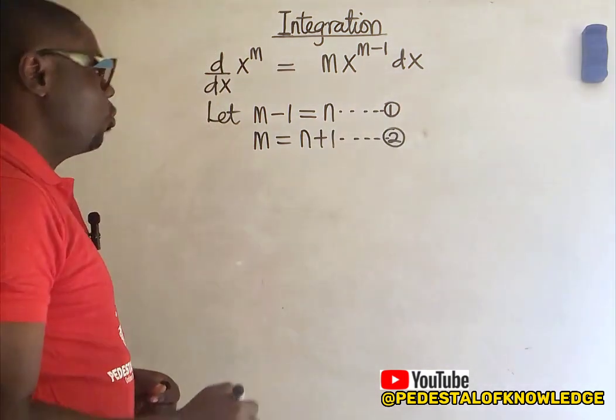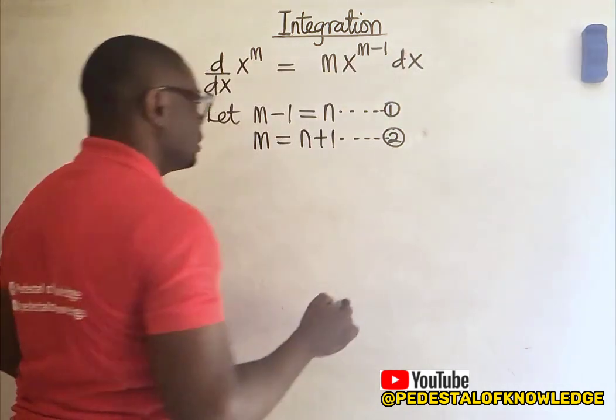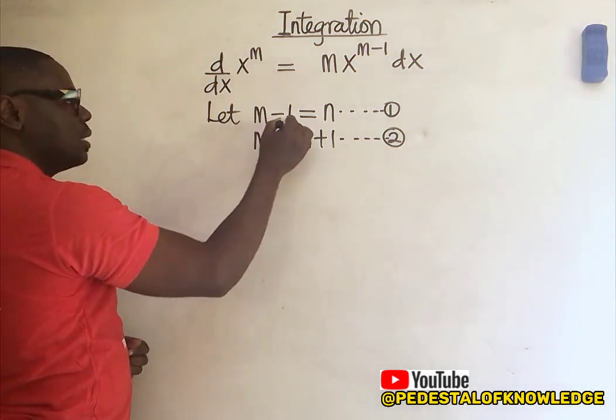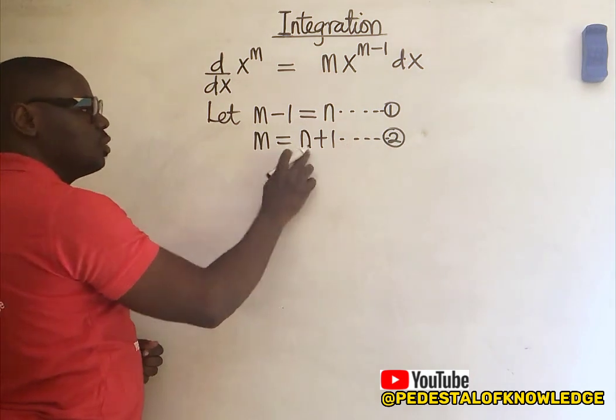All right, so when we substitute equations 1 and 2 into this equation, that means anywhere you see m minus 1, replace it with n, and anywhere you see m, replace it with n plus 1.